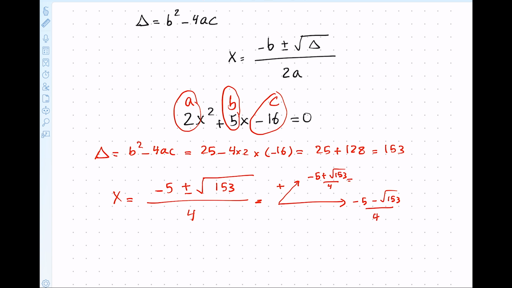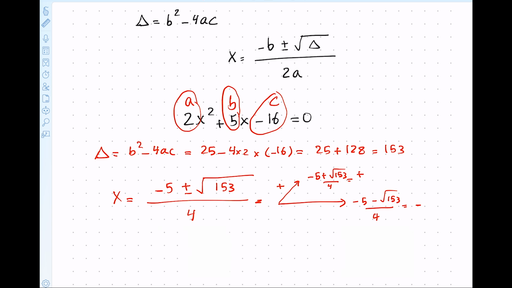All right. First one is a positive number. Second one is a negative number. So square root of 153 is 12.3. All right, 12.36. I would call it 12.3.